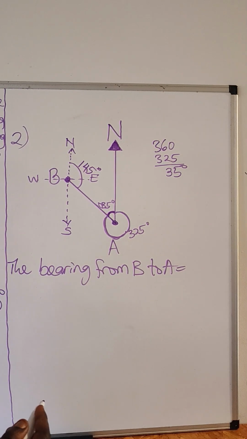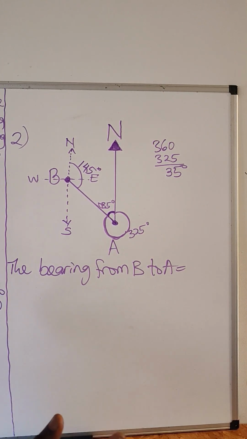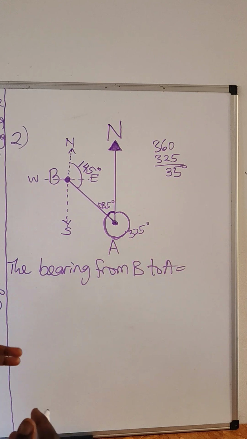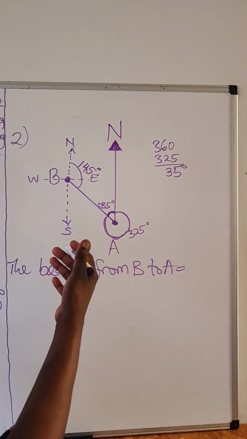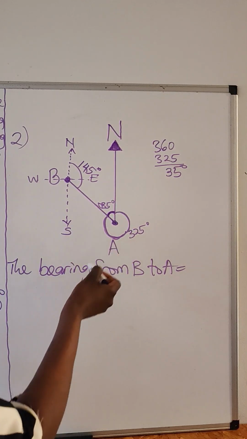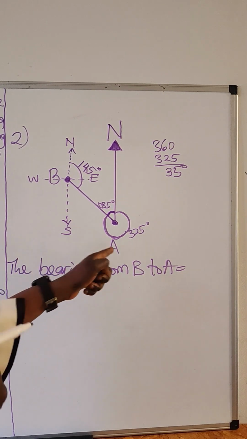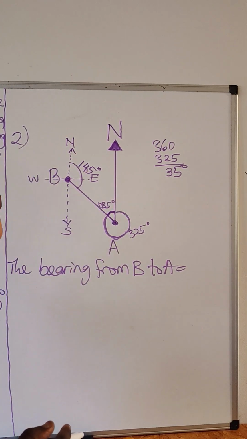And the other way of solving it is the way of the opposite bearing. The initial one given to us is 325 degrees. Since what we have here is more than 180 degrees, we're going to subtract 180 degrees from 325 degrees to get the opposite bearing.